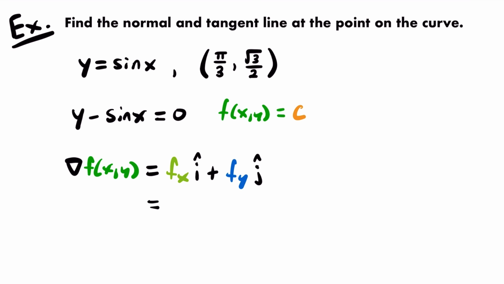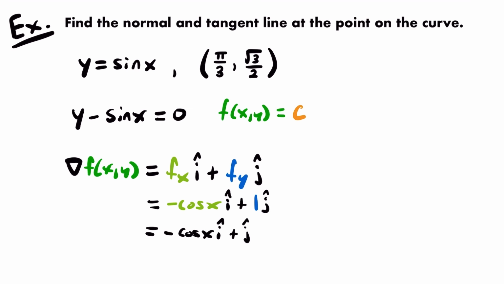So this is equal to negative cosine x times i, plus the partial derivative with respect to y. Negative sine x is just a constant, so its derivative is 0, and then the derivative of y is 1. So you just get 1 times j. Okay, so the gradient vector is negative cosine x times i plus j.